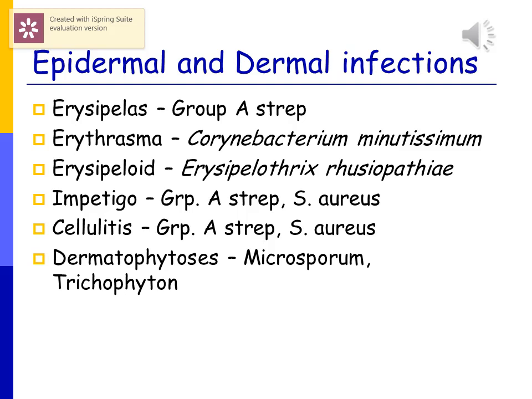You have impetigo, which can be caused by either Strep pyogenes or Staph aureus. Cellulitis, also Strep pyogenes or Staph aureus. And dermatophytosis, which are caused by your dermatophyte fungi, which you will learn more about at the end of the summer.